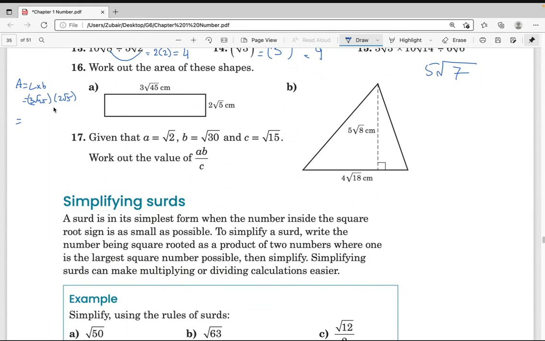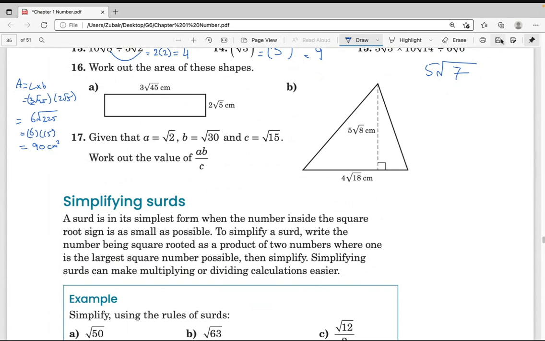So 3 times 2 is 6, and square root 45 into 5 is square root 225. We know 225 is a perfect square, the square of 15. So 6 into 15 is 90 centimeter square.